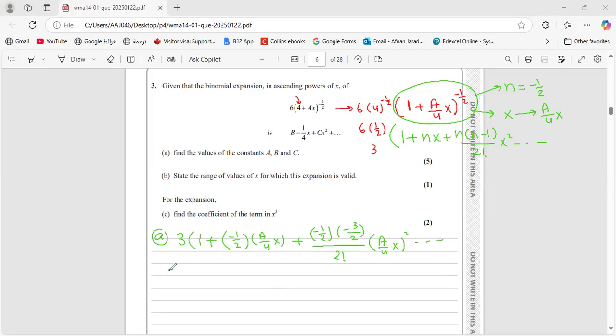Now 3 multiplied by 1, negative half multiplied by a over 4x, will be negative a over 8x.